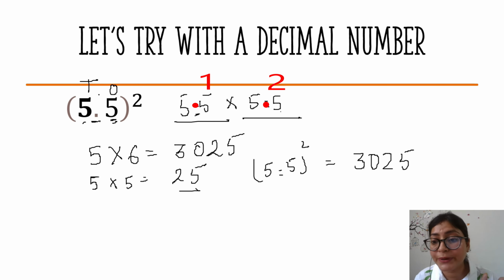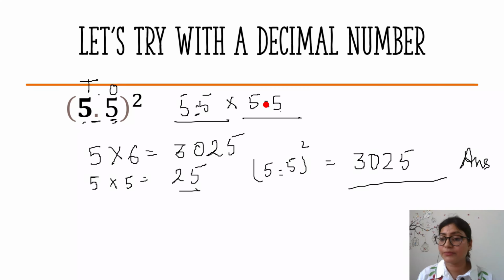So we have put decimal after 2 digits. The same way we will put decimal after 2 digits in the answer as well and we will start from the left hand side. So first and second. Before second digit we have to put a decimal here. So square of 5.5 is 30.25. This is the answer.